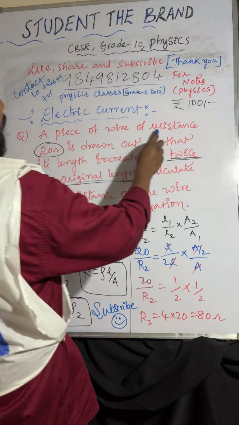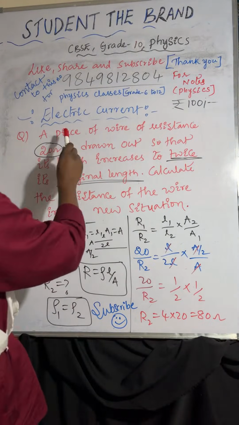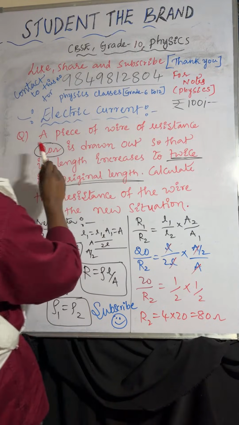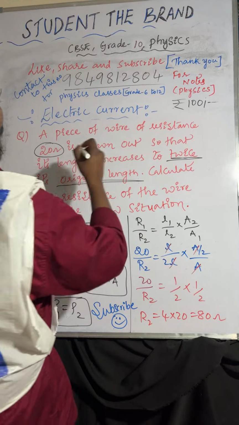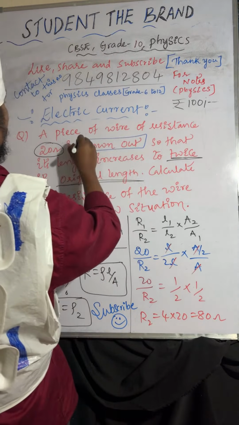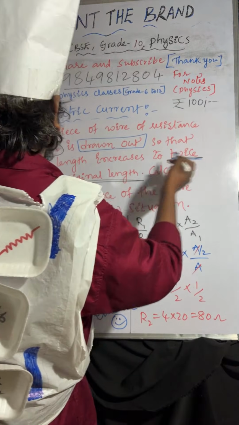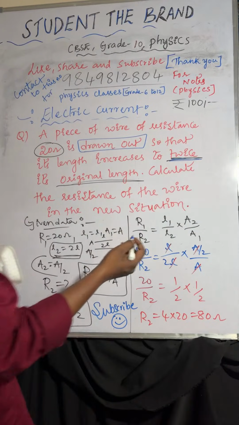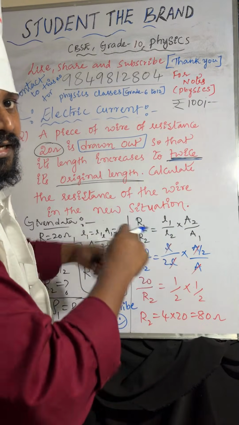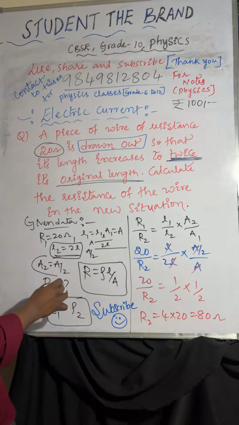So a piece of wire of resistance 20 ohm is drawn out. Here you need to understand drawn out: drawn out so that its length increases to twice its original. Calculate the resistance. Original length means L. So it increases twice, then the area decreases to A by 2.